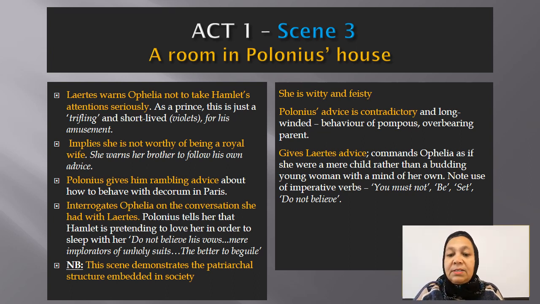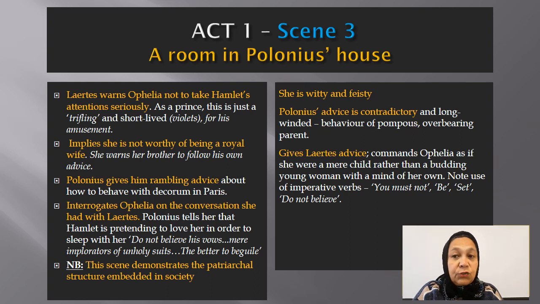So when Laertes leaves, Polonius actually interrogates Ophelia on the conversation that she had with Laertes. And when she informs him of the conversation about Hamlet's interest in her, he tells her that he has been very much aware of this budding relationship.